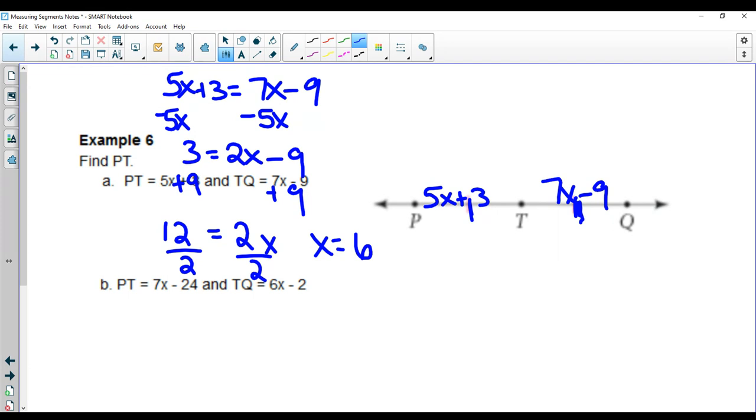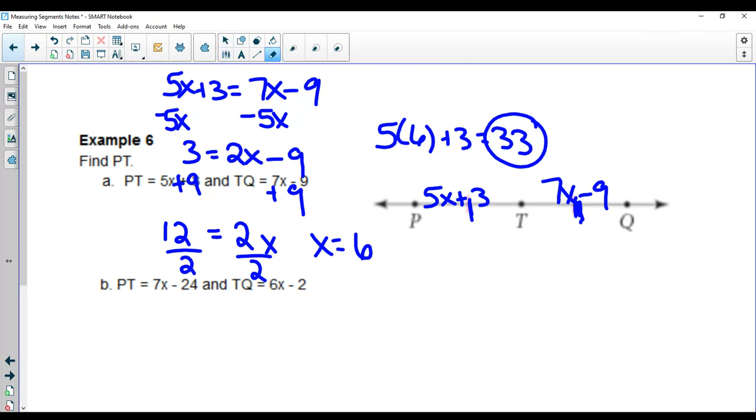Okay? Now I know what x is, I'm going to go plug it in. 5 times 6 plus 3. 5 times 6 is 30. 30 add 3 is 33. Okay? Super simple.